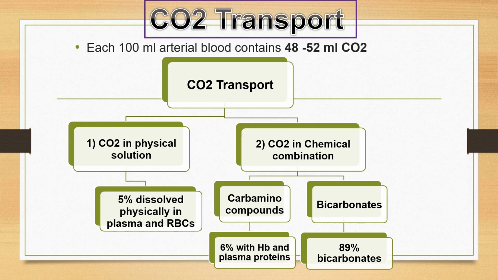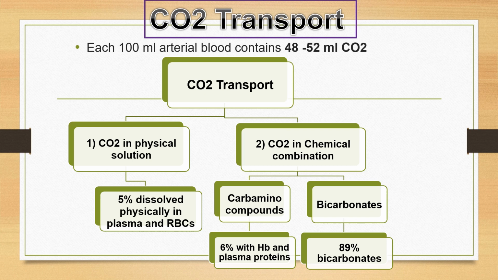Our arterial blood, 100 ml of arterial blood, contains around 48 ml of CO2, which can increase up to 52 or 53 ml in venous blood.